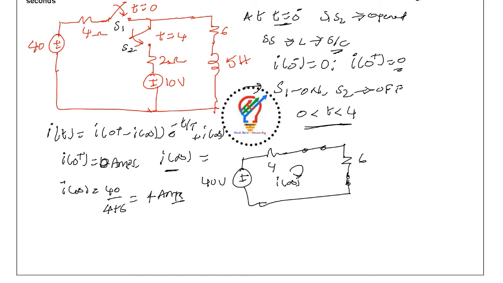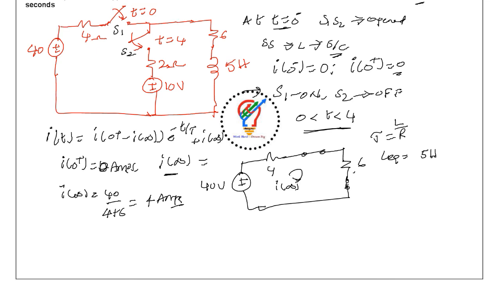Now I want to know what is tau. Why? Because I want to substitute in this equation. So tau is nothing but L by R. What is the L equivalent here? There is only one inductor, which is 5 Henry. Now what about the R equivalent? When the first switch is closed, looking from here, in order to find the R value, we will make a short circuit across this.